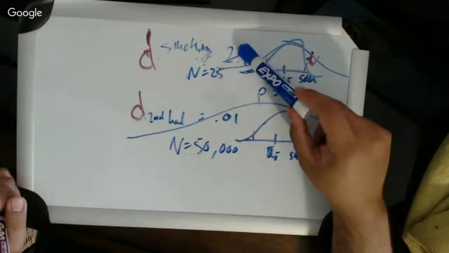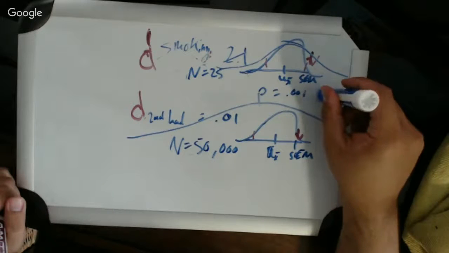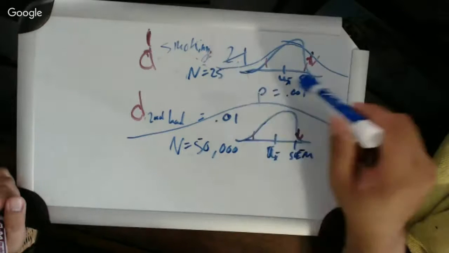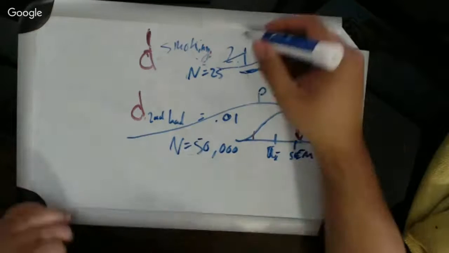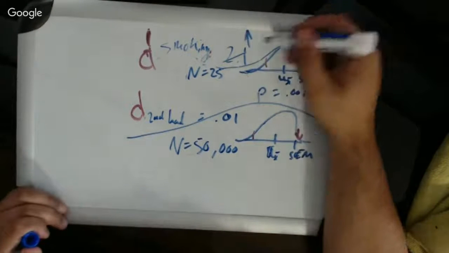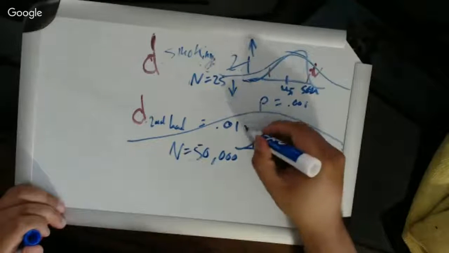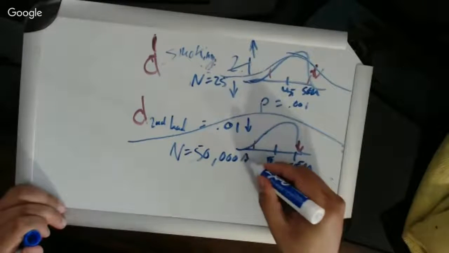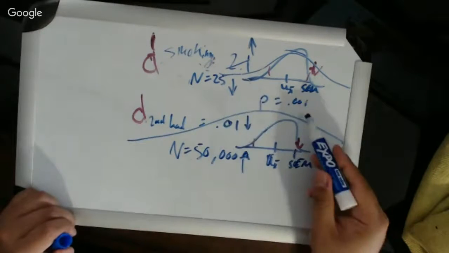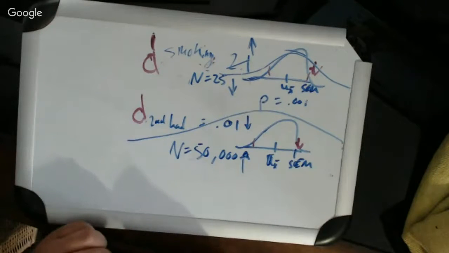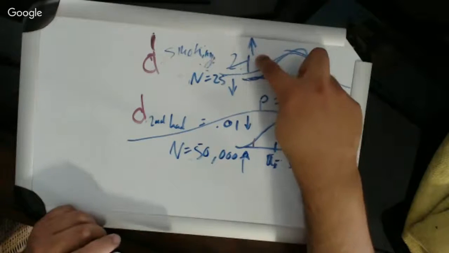The bigger the effect size, generally, the smaller the p-value, and the bigger the n, the smaller the p-value. So here this is driving us to find a big p-value, this is driving us to find a small one, and that one is driving us to find a huge one. So these cancel each other and you get the same p-value. But the effect size more clearly says, if you're a smoker, you should really stop smoking.